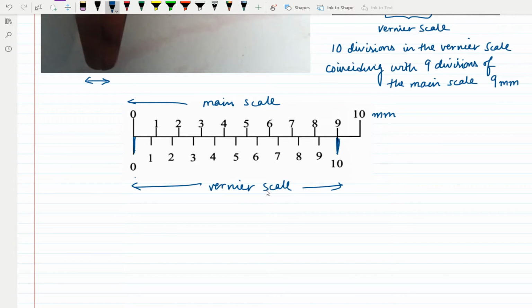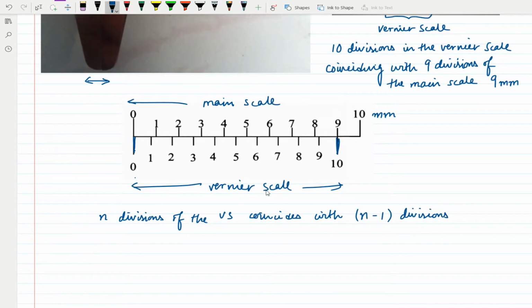As I've already discussed, 10 divisions of the vernier scale coincide with 9 divisions of the main scale, or we can say that n divisions of the vernier scale coincide with, or are equal to, n minus 1 divisions of the main scale. This particular thing is known as the principle of Vernier.